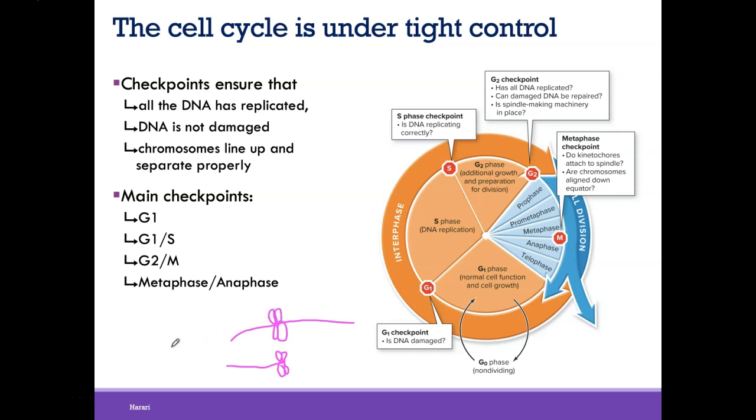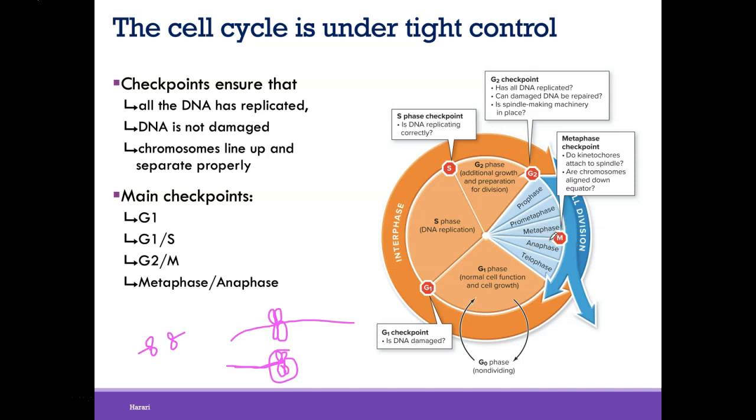This will be pulled apart into one, and then the other, like that. However, let's say microtubules are only attached on one end, and there's no microtubule here. Well, then these 2 chromatids will go to one cell, and nothing will go to the other cell. So that's why this metaphase anaphase checkpoint is very important.